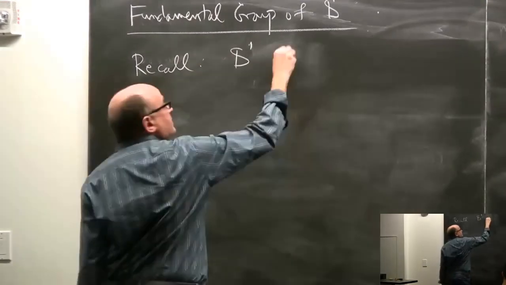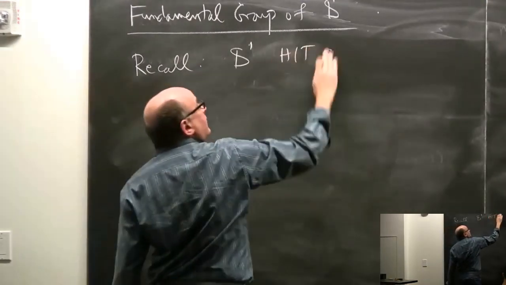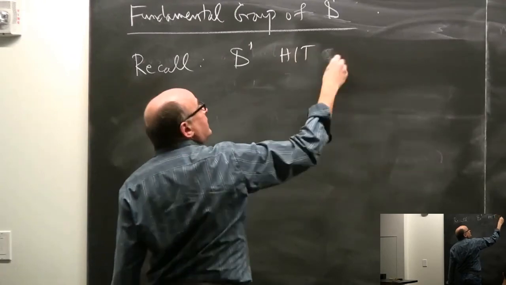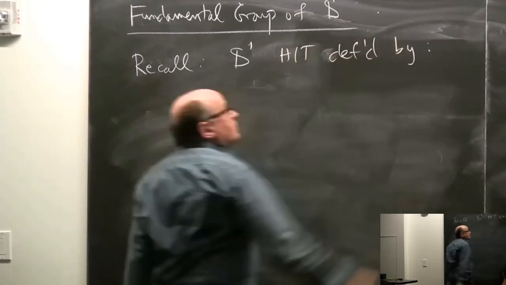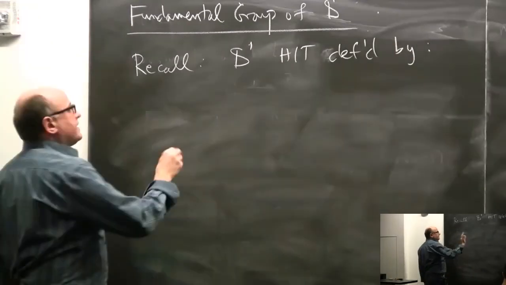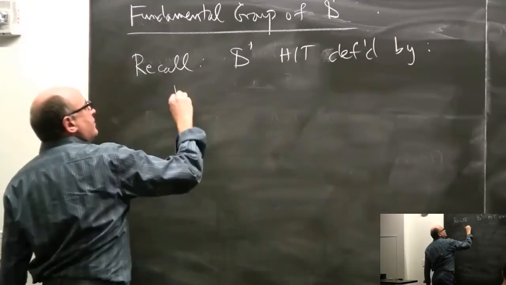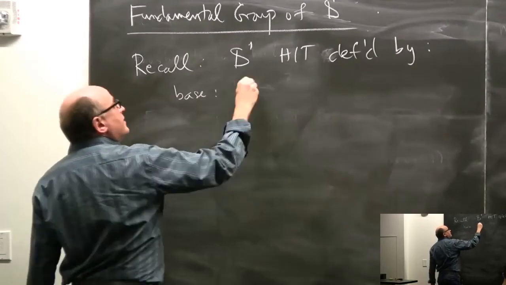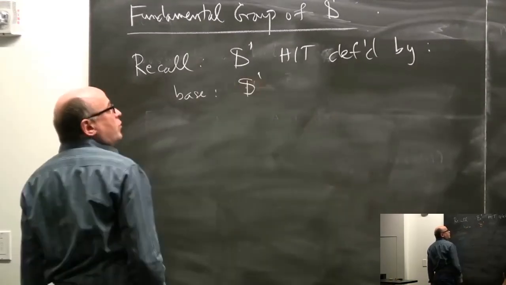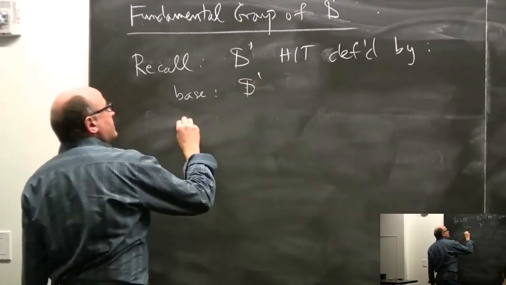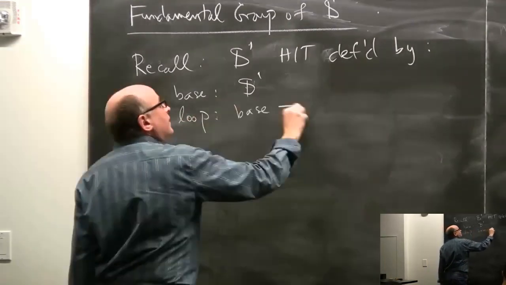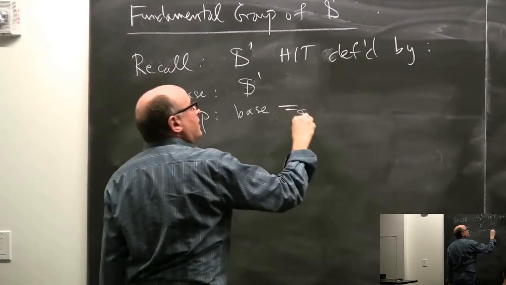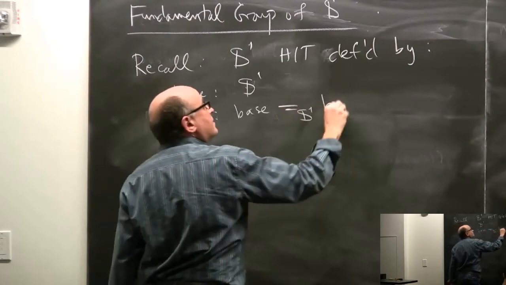Recall S1 is a higher inductive type defined by, it could be thought of as a suspension of 2. We've already discussed that, but let me just remind ourselves. We'll just do it by hand. So it has a designated base point, and it has a loop between base in S1 and base.